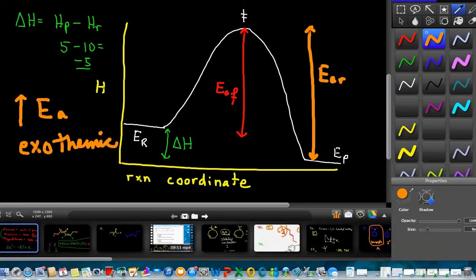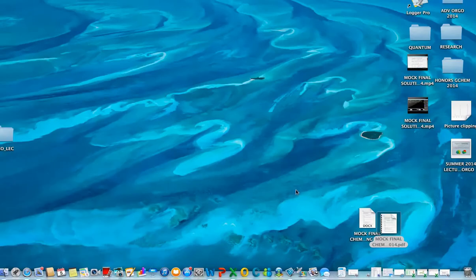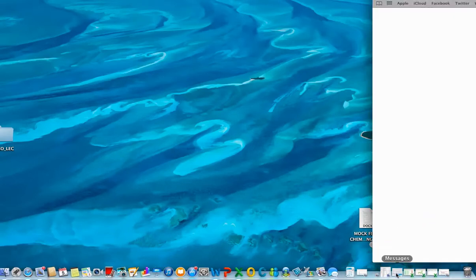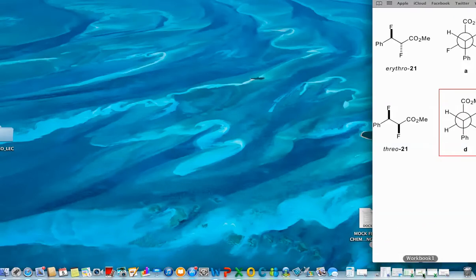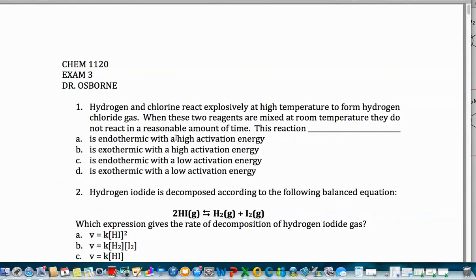So if we put these two pieces of data together, we know that it's exothermic, so let's eliminate A and let's eliminate C. And we know it has a high activation energy, let's eliminate D. B is the credited response. B is the answer that we want to pick.